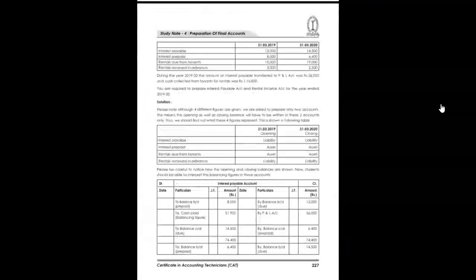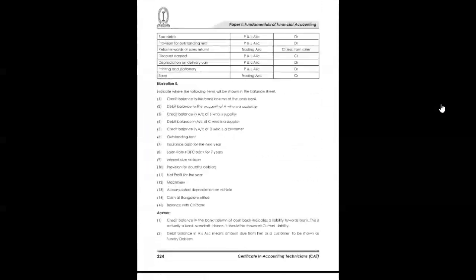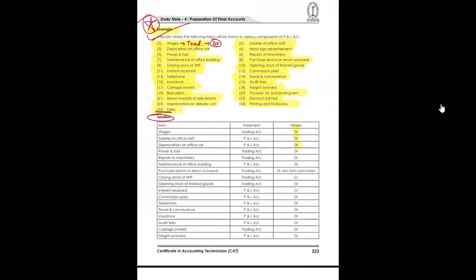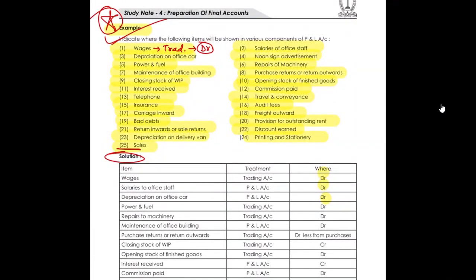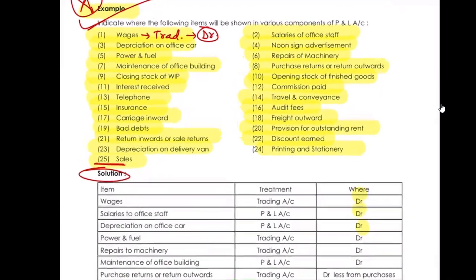Are you talking about illustration number 4, beta? Example 4, sundry debtor is my asset. So in credit side, no beta, sundry debtor should be on your debit side. So is there anywhere?